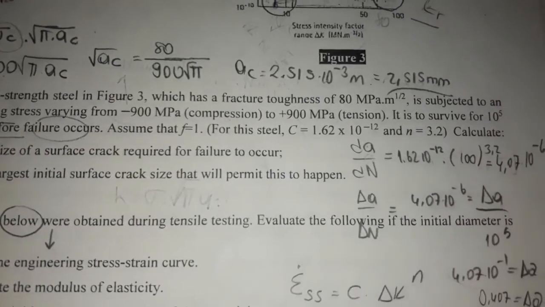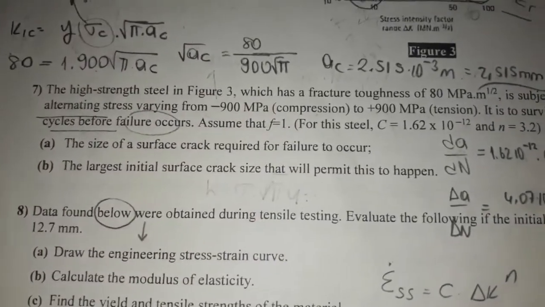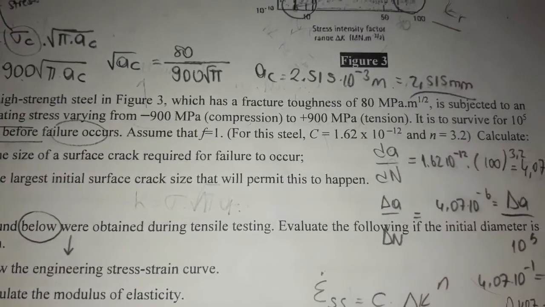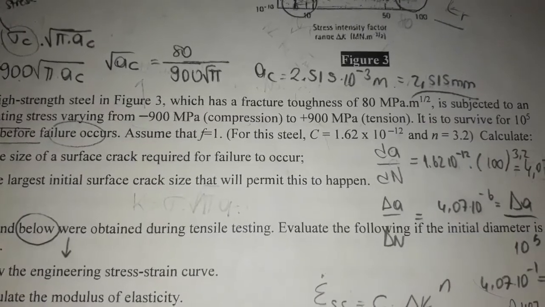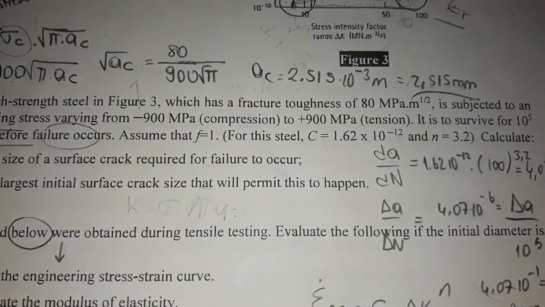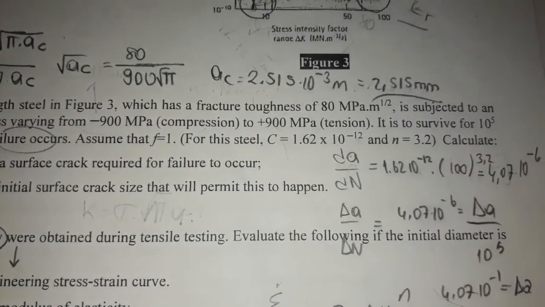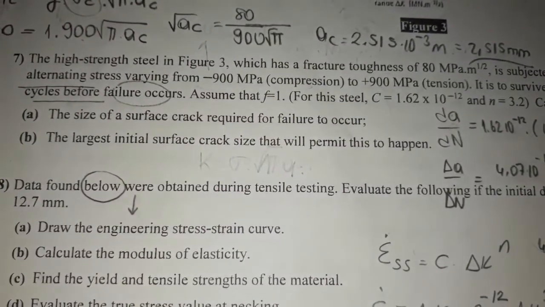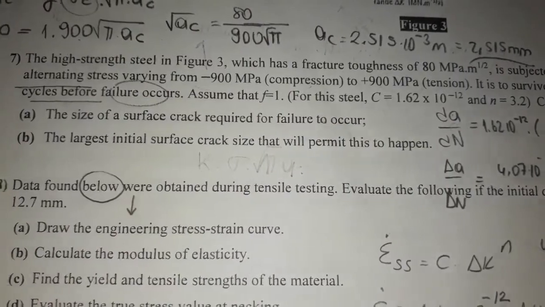It survived for 10 to the 5th cycles before failure occurs. Assume that F equals 1 for the steel, C equals 1.62 times 10 to the minus 12, and n equals 3.2. We're going to calculate the size of a surface crack required for failure to occur.